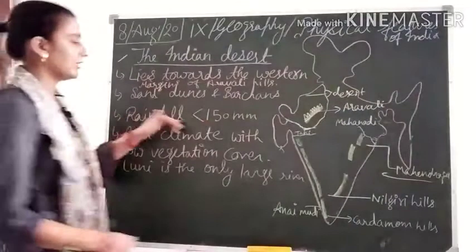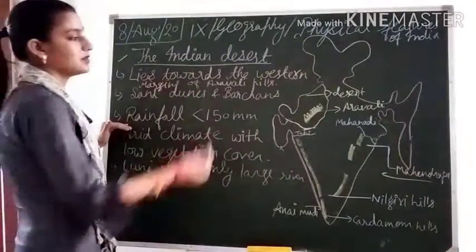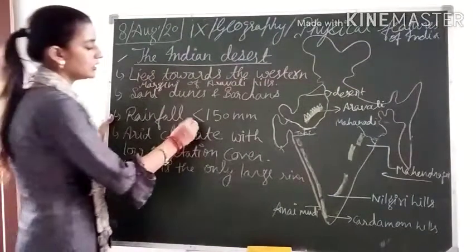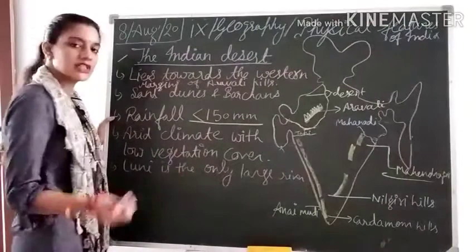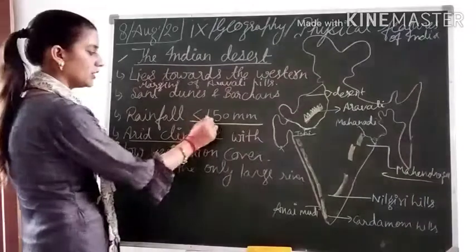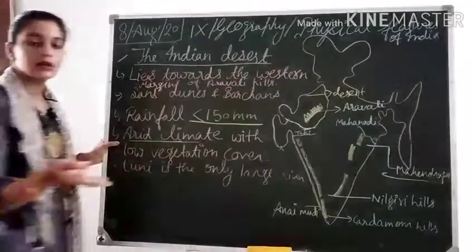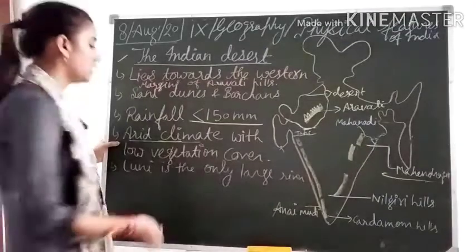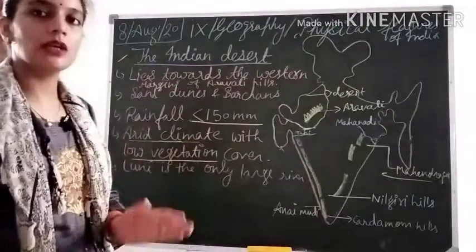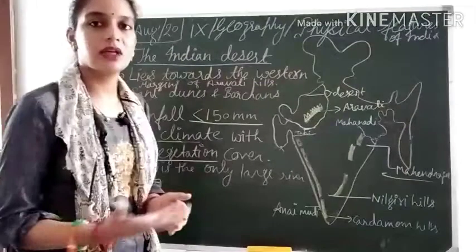The rainfall is very low, less than 150 millimeters. So that's why it comes under the desert area. When the rainfall is low, the vegetation cover will also be low. The climate will become arid because there is very little rainfall, and in the absence of appropriate amounts of water, vegetation cannot grow.